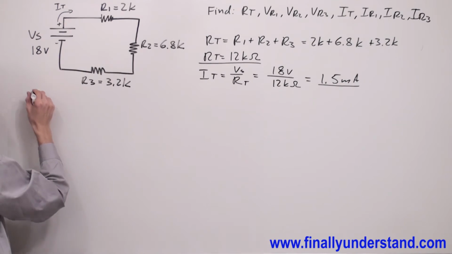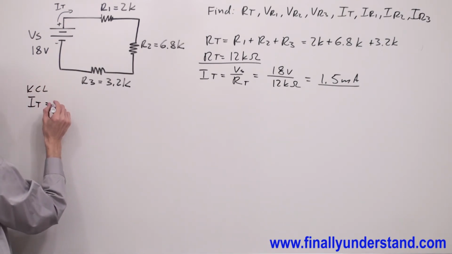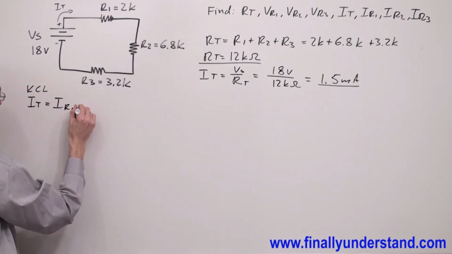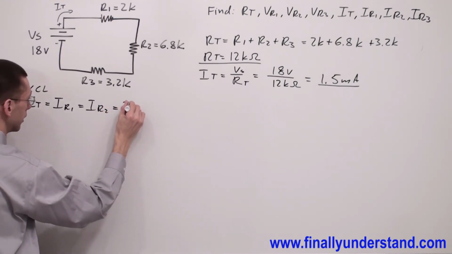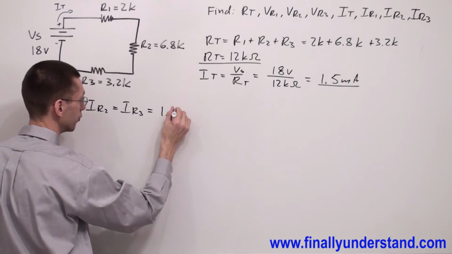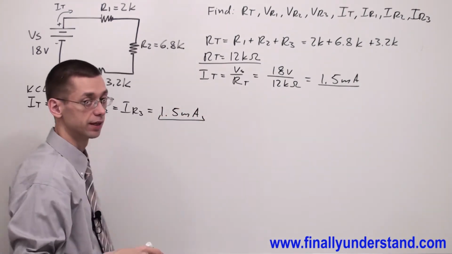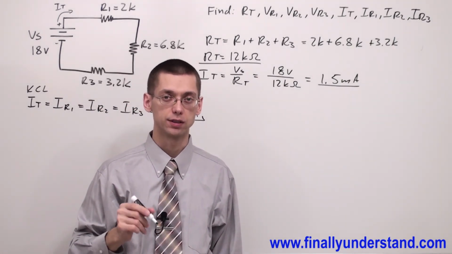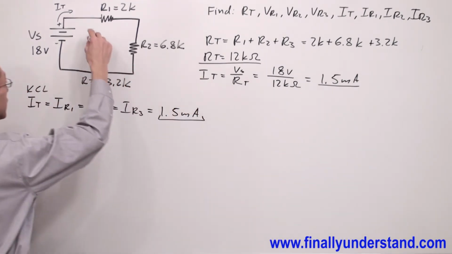So KCL for this circuit says that I total is equal to I R1 is equal to I R2 is equal to I R3, which is equal 1.5 milliamps. Remember, in the series circuit, current is always the same at any point of this diagram.